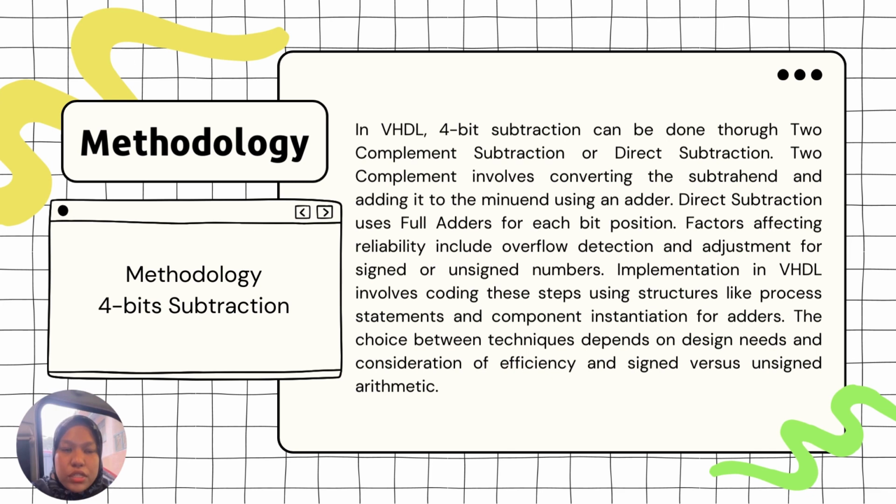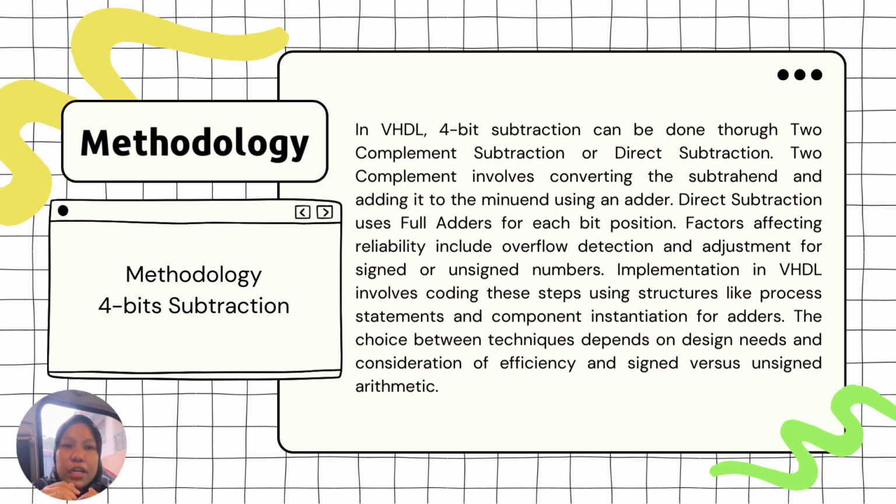For the methodology, 4-bit subtraction in VHDL can be done through two's complement subtraction or direct subtraction. Two's complement involves converting the subtrahend and adding it to the minuend using an adder. Direct subtraction uses full adders for each bit position.